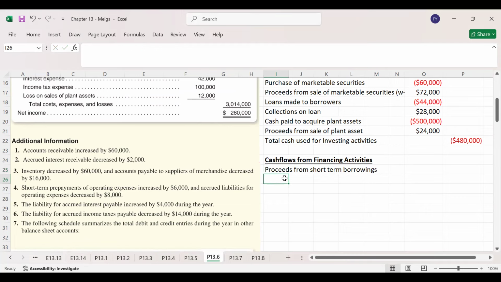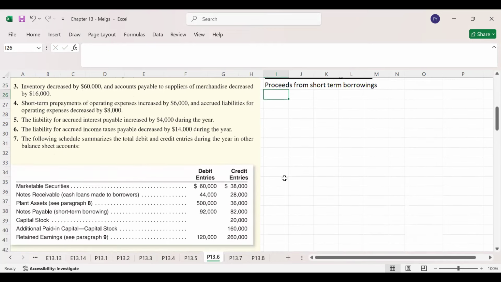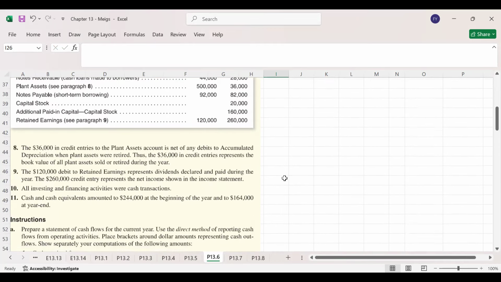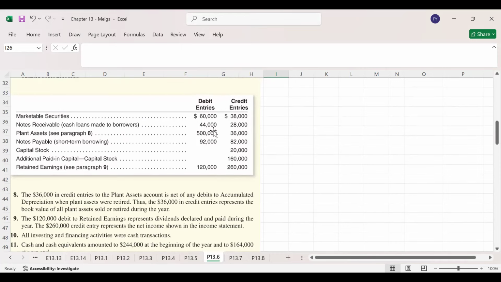You can check how much short term borrowing proceeds we have. Here you can see we have cash and notes payable, or short term borrowings. We have a debit entry and a credit entry. So we get cash via a credit entry.